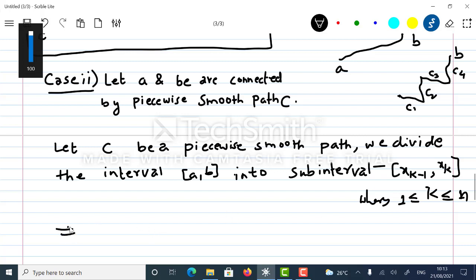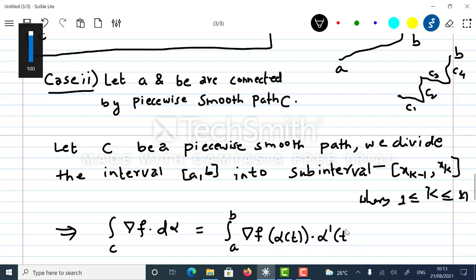This implies the line integral along C of gradient f d alpha is equal to the integration from a to b of gradient f of alpha t dot product with alpha dash t dt.